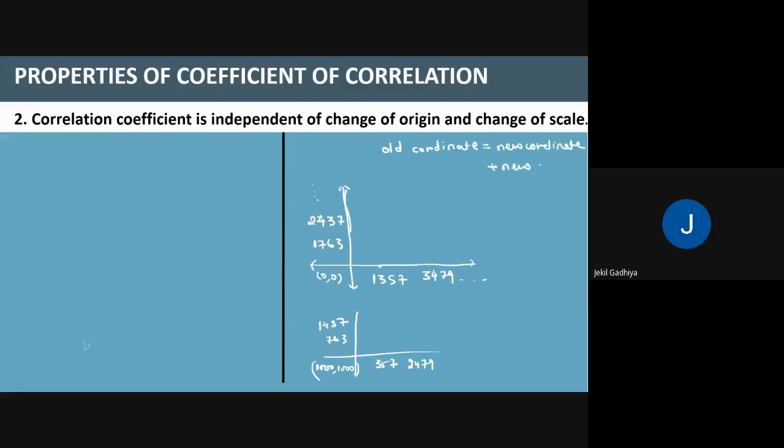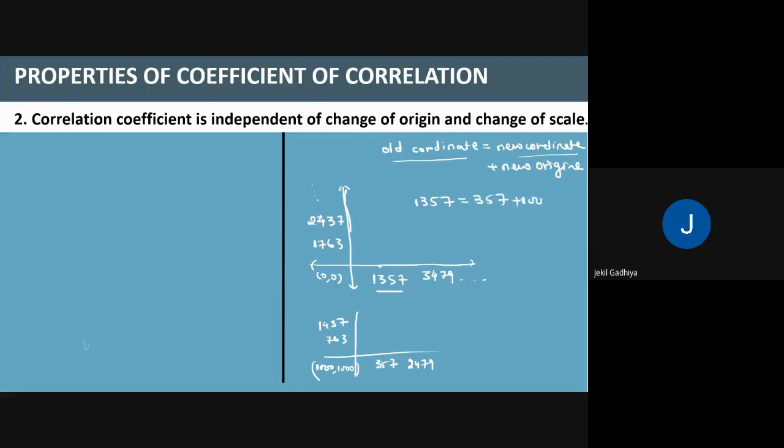Okay. Like suppose the old coordinate is 1357, the new coordinate is 357 here, and the new origin is 1300.